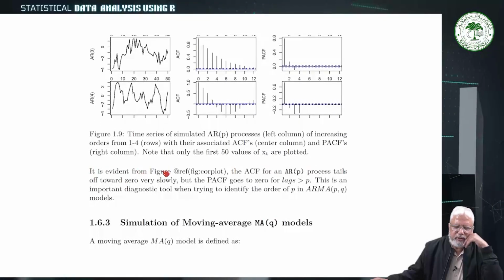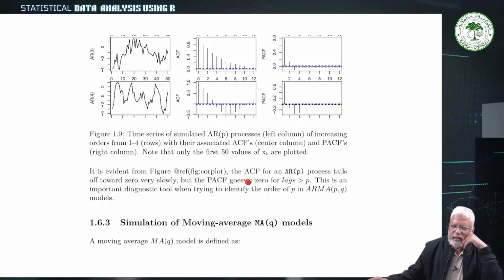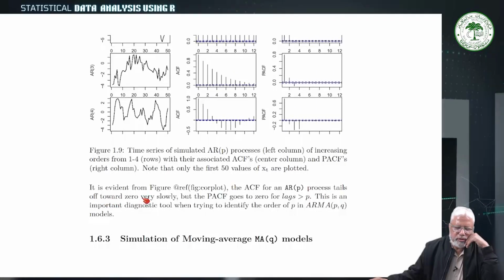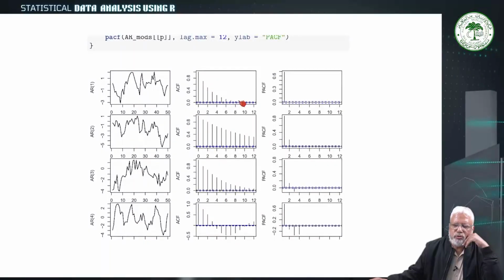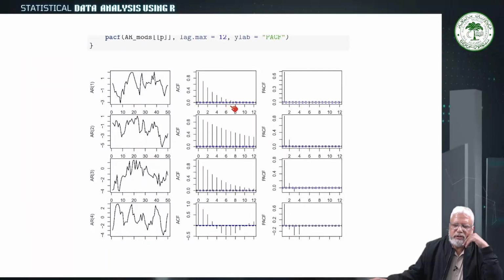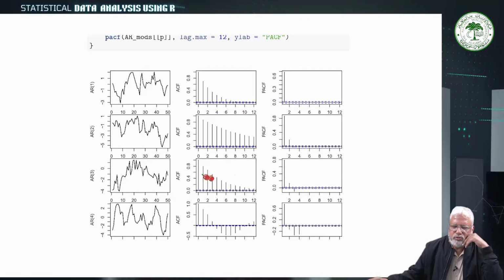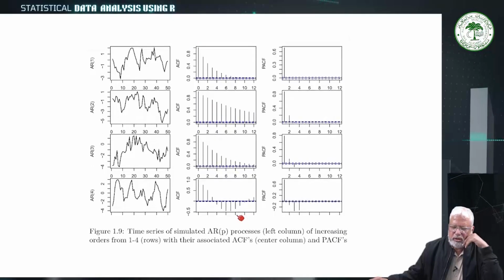It is evident from this figure that the ACF for AR(p) processes tails off towards 0 slowly. After these lags it goes to 0, so it goes to 0 slowly.